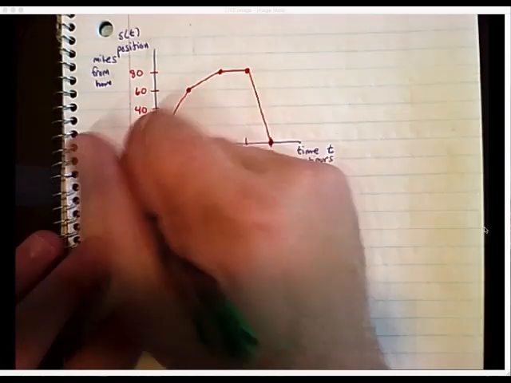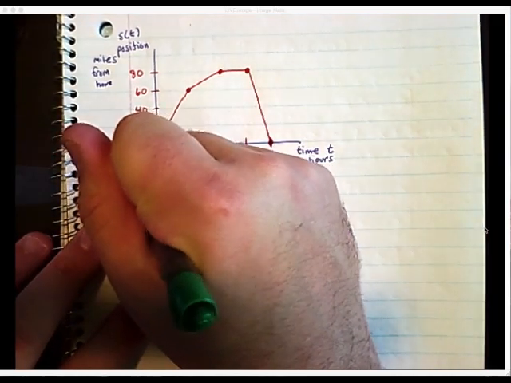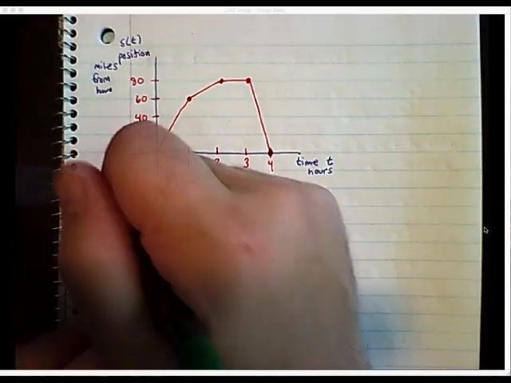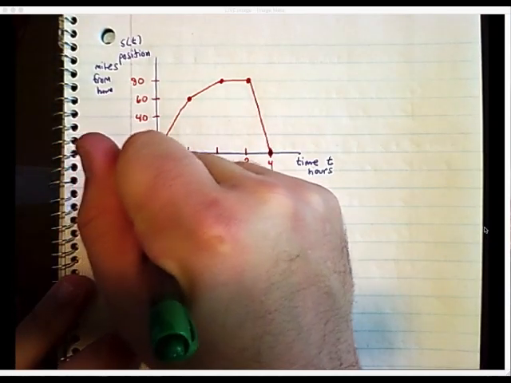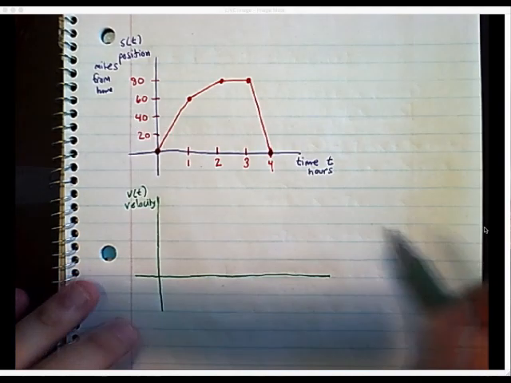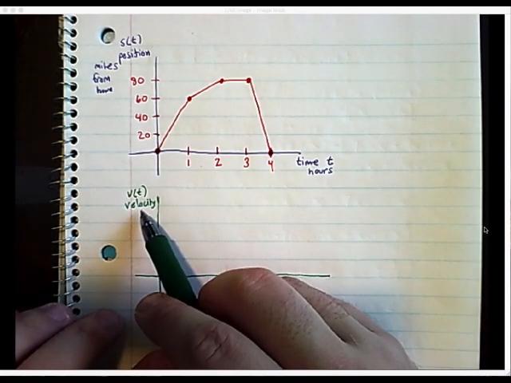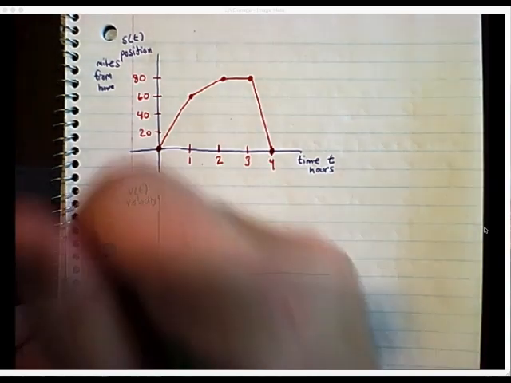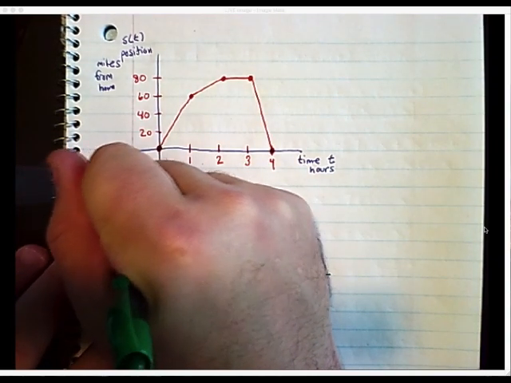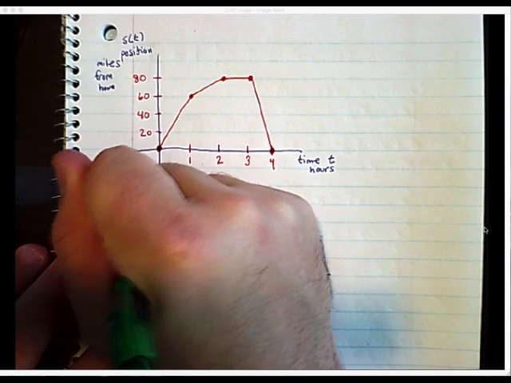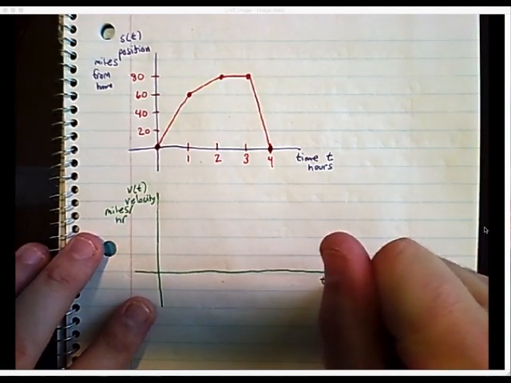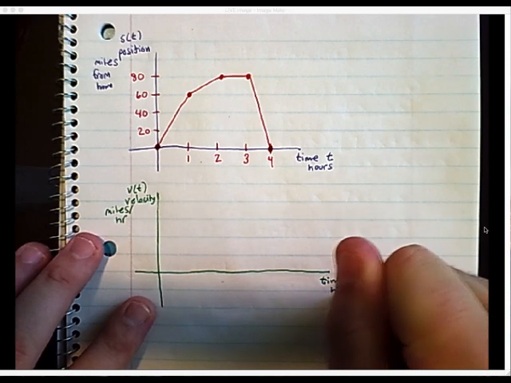Well, if you want to think about velocity, what would the units of velocity be? Well, velocity is the rate of change of the position, so this would actually be measured in miles per hour. But this is still measured in time, so that's still measured in hours.